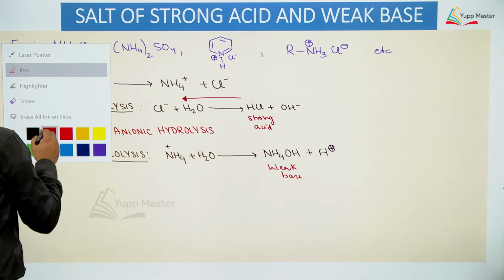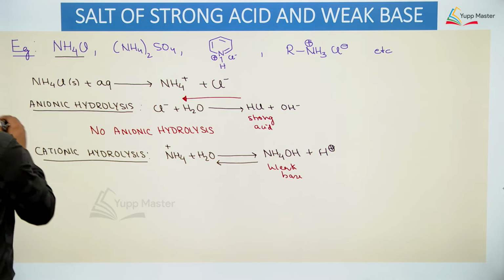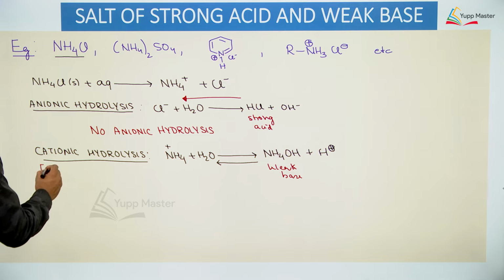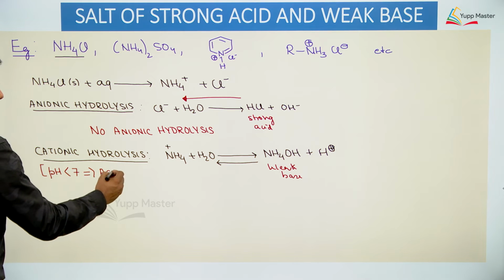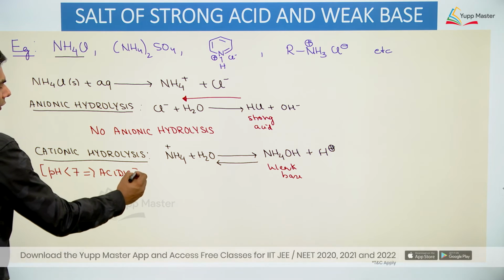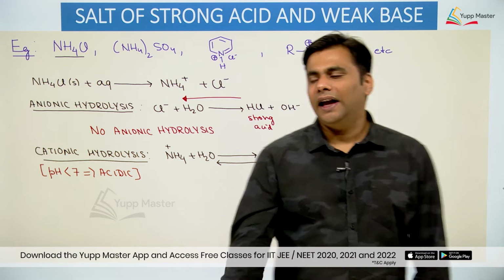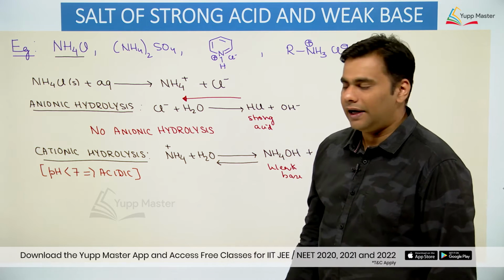So there is an equilibrium established in this reaction, due to which we say that cationic hydrolysis is taking place, so H plus is being produced. So the pH of this solution would be less than 7, that is, these solutions would be acidic in nature. So whenever you dissolve any salt made up of a strong acid and a weak base, the pH of that solution is generally less than 7.